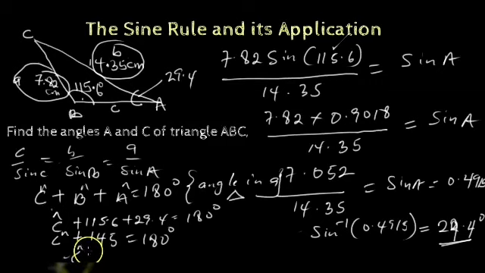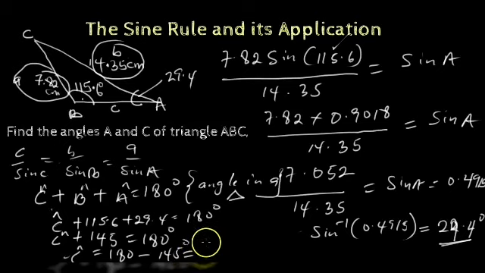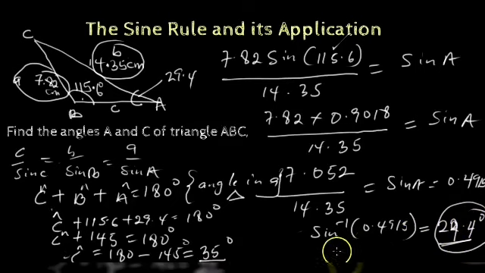So the angle at C now is equal to 180 minus 145 degrees, that's 35 degrees. So now we've fully defined the triangle. We have the angle at A to be equal to 29.4, and we have the angle at C to be equal to 35 degrees.